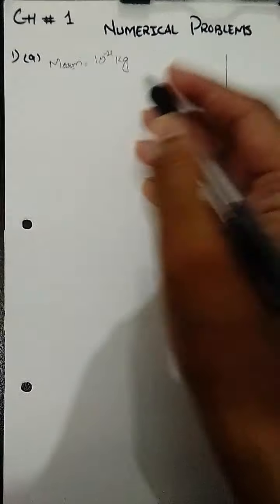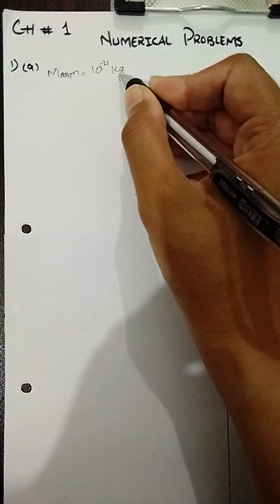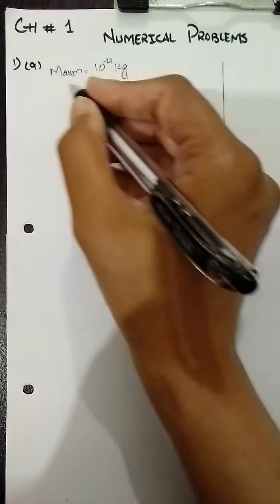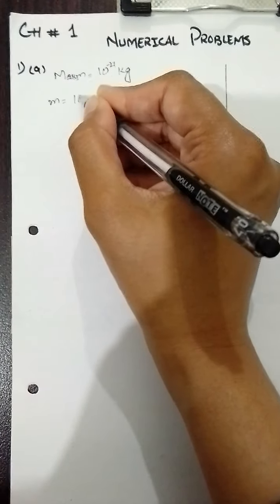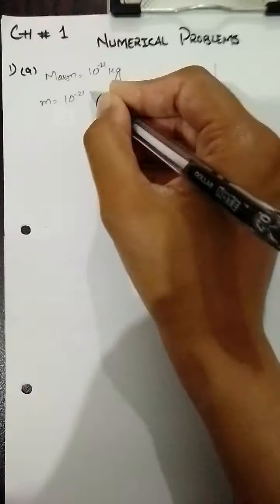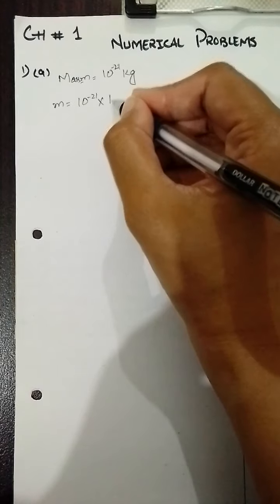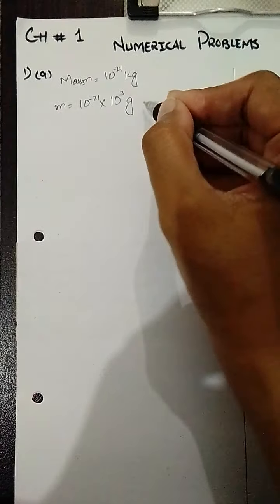In order to convert it, we first have to resolve this kilo over here. We have to make it a really simplified form. So mass m would be equal to 10 raised to power minus 21. Remember that we have to convert this kilo into tens power. So multiplied by kilo equals 10 raised to the power 3 and the gram, of course.